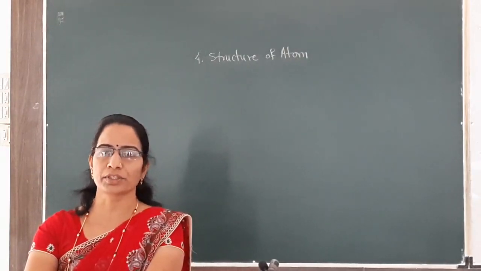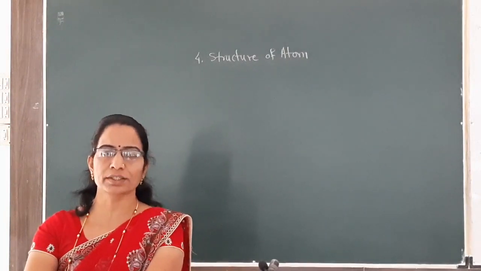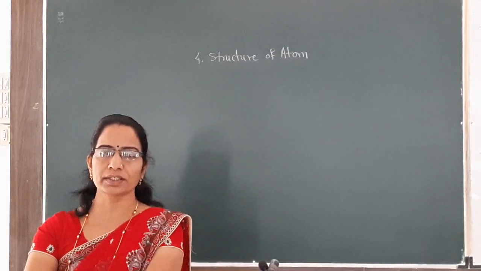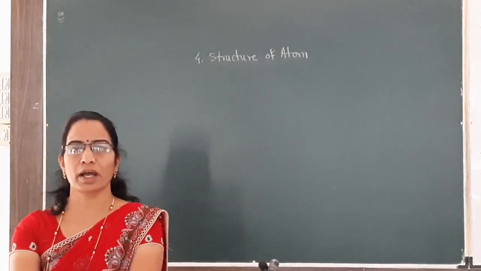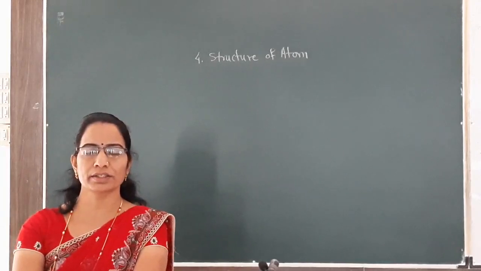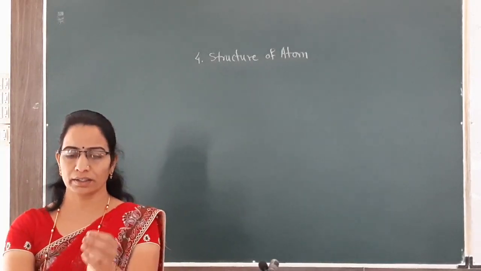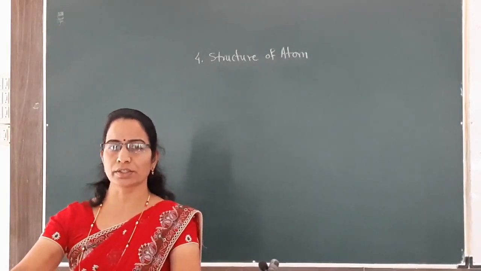But the p subshell consists of three orbitals named as px, py and pz. While d subshells possess five kinds of orbitals named as dxy, dyz, dxz, dx square minus y square and dz square. We have seen the shapes of that orbitals.